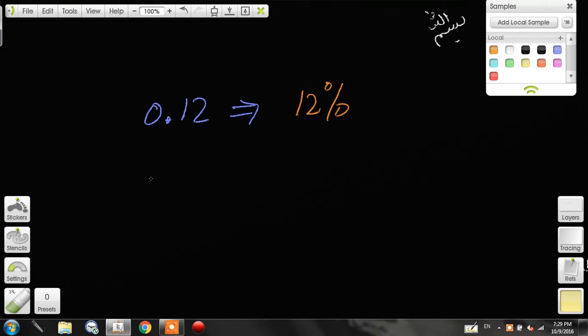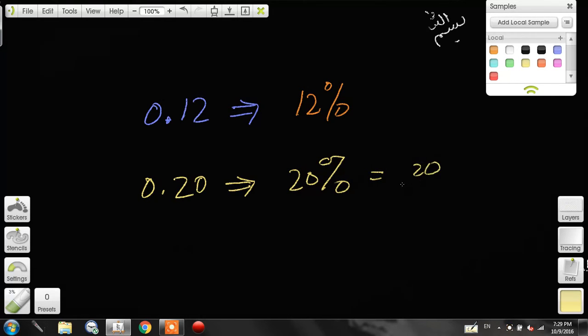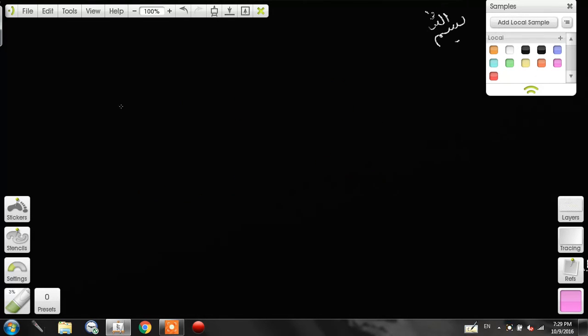If somebody says 0.20, another way of writing the same thing is 20%, because 20% is 20 over 100, which is 0.20. So the first thing that we have to understand about these percentage problems is that all these mean the same thing. They're trying to express the same number.